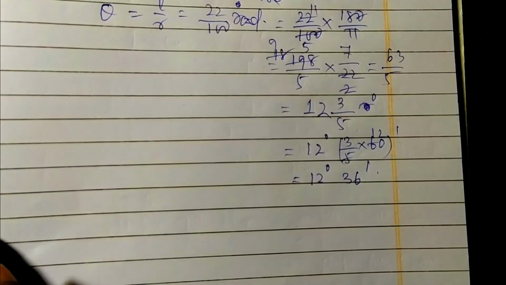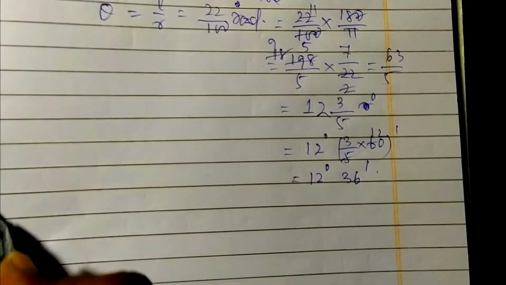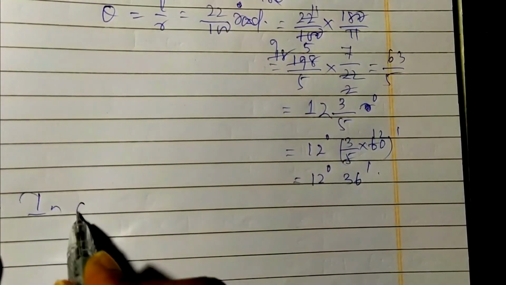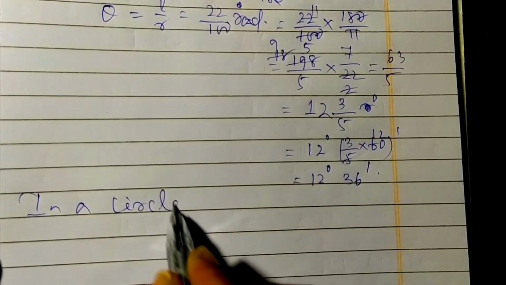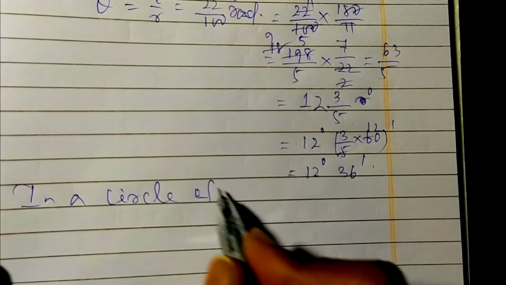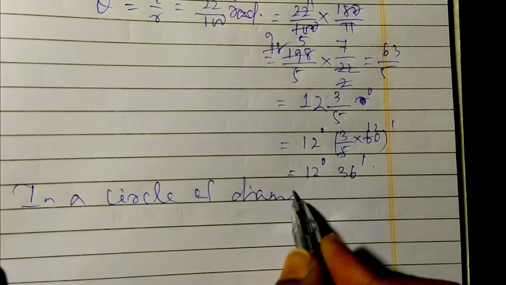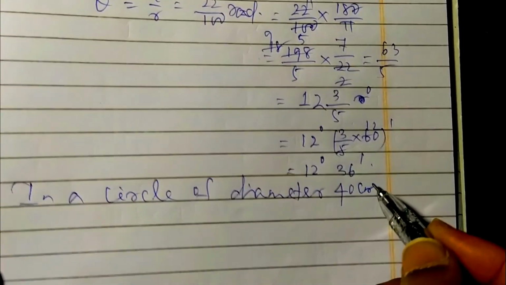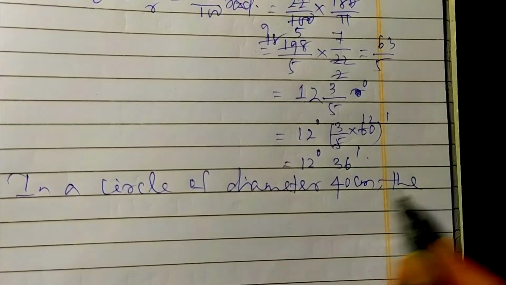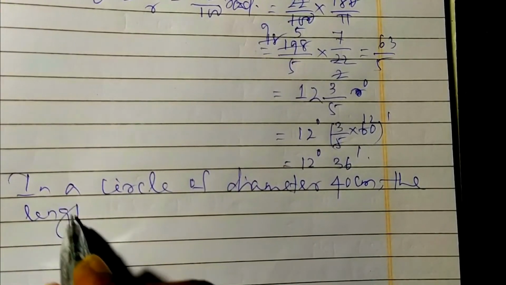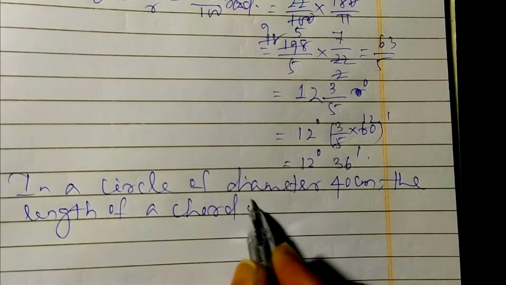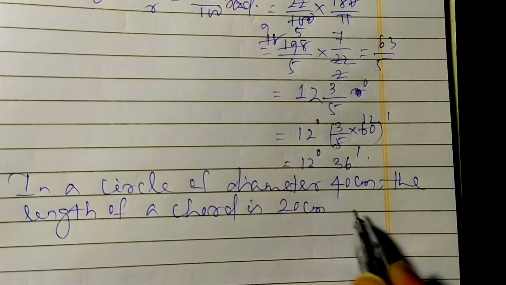Next question. In a circle of diameter 40 centimeter, the length of a chord is 20 centimeter.